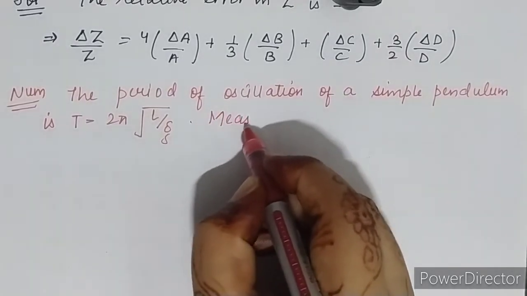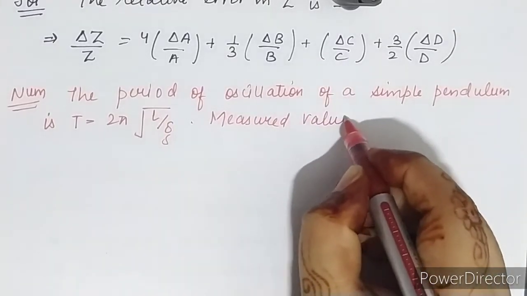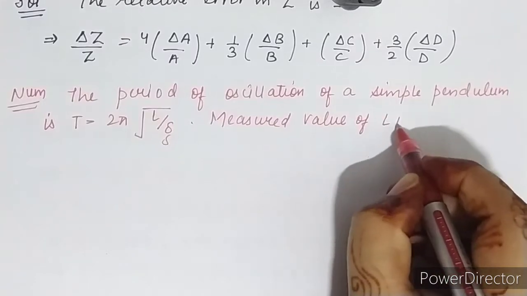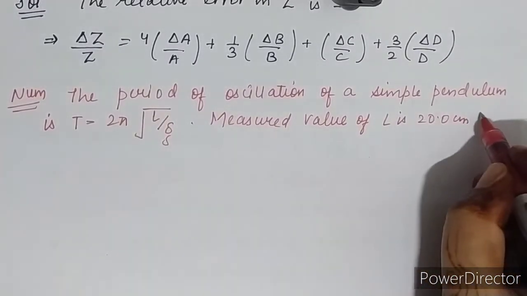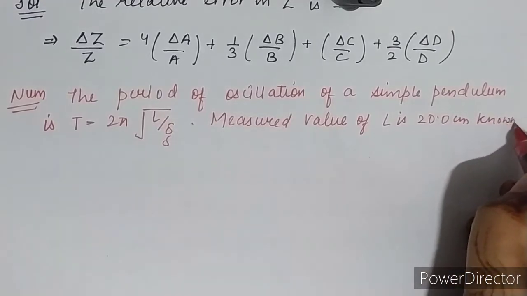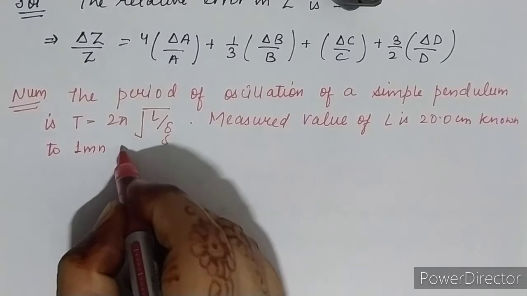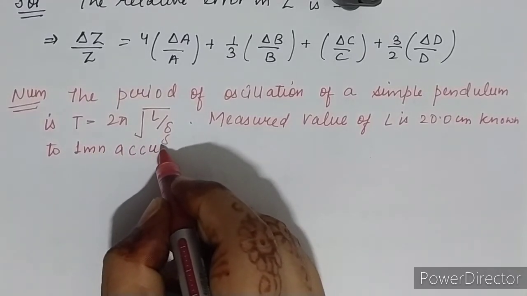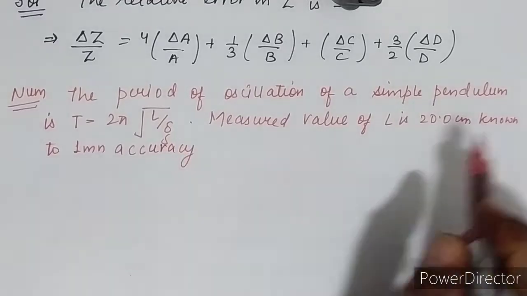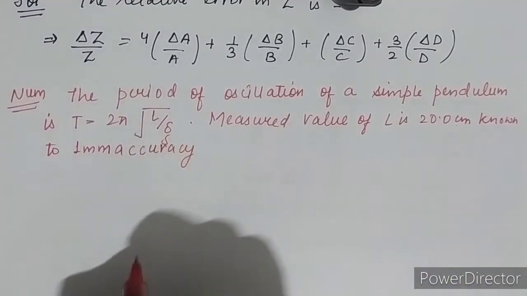Measured value of the length is 20.0 centimeter, known to 1 millimeter of accuracy. This is the length. Okay, measured value is this and this is the accuracy of 1 millimeter.